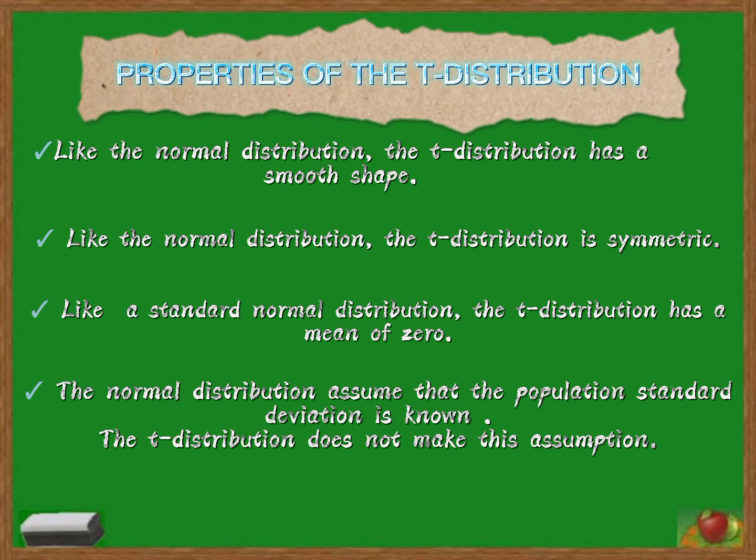Number 3. Like a standard normal distribution or z-distribution, the t-distribution has a mean of 0. Number 4. The normal distribution assumes that the population standard deviation is known. The t-distribution does not make this assumption.